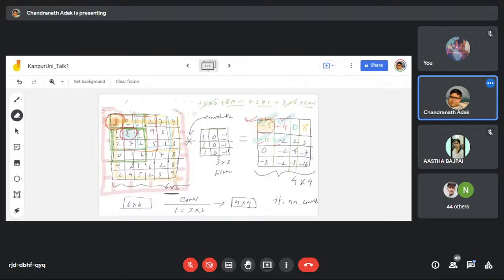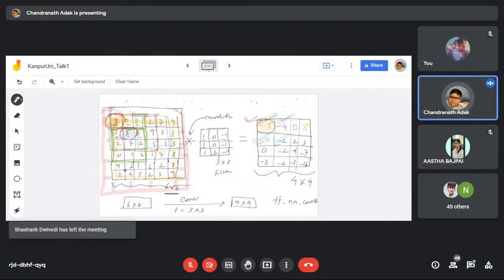Sometimes it may work well, sometimes not. So if we use this padding and fill it with zero padding, say I am filling 0 0 everywhere, what will be the size of this input matrix now?